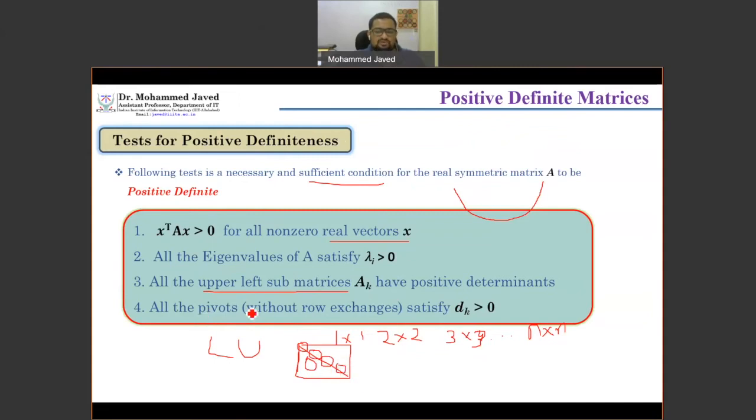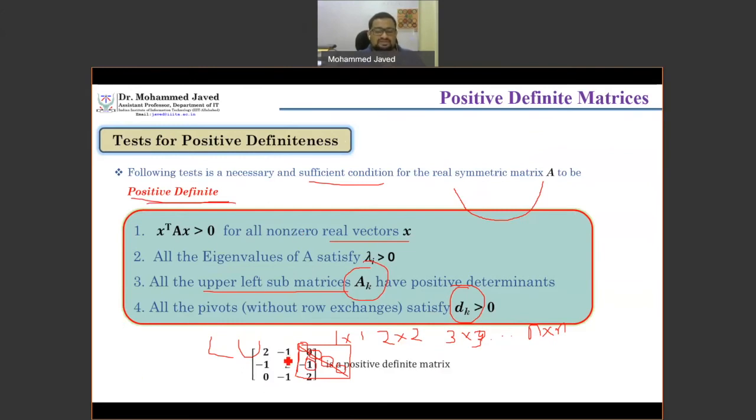So all the pivots without row exchanges satisfy d k greater than 0, where d k are the pivots. All pivots should be positive. Here all the determinants should be positive, and in this case all the pivot elements should be positive. This is the necessary and sufficient condition for positive definiteness, so all these 4 conditions should be satisfied.